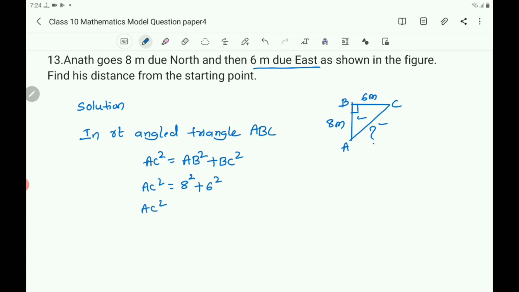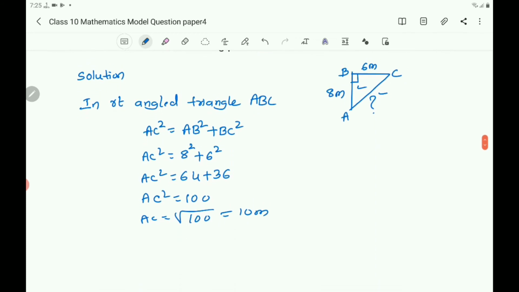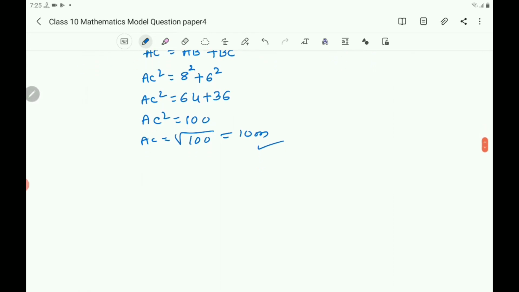So AC square equals 64 plus 36. That is AC square equals 100 you will get. Then AC equals what? Square root of 100, that equals 10 meter. So what is the distance from the starting point? His distance from the starting point is 10 meter. That is AC is 10 meter.